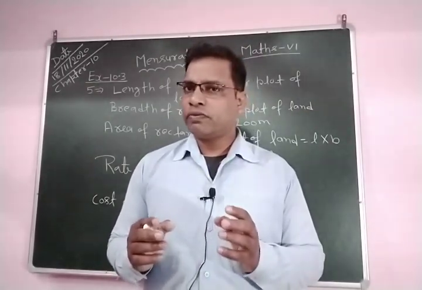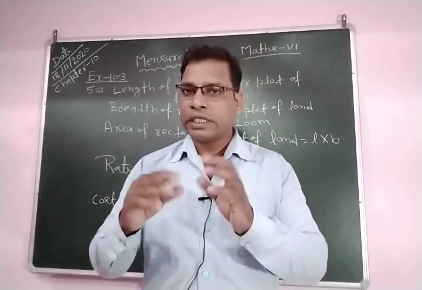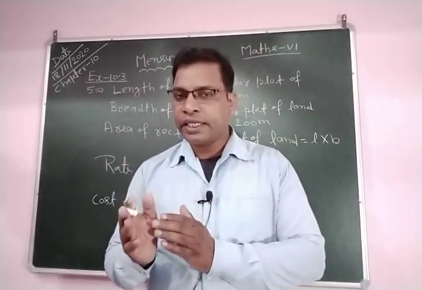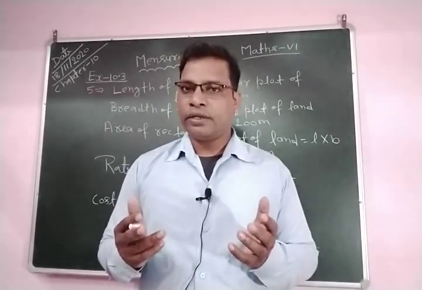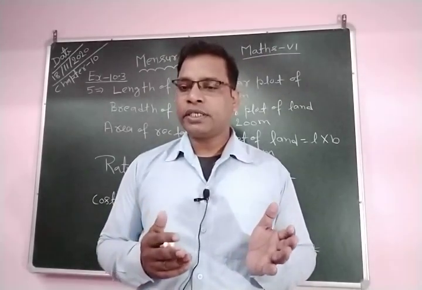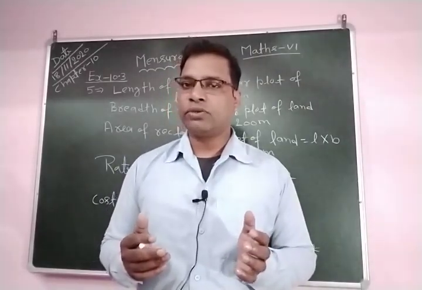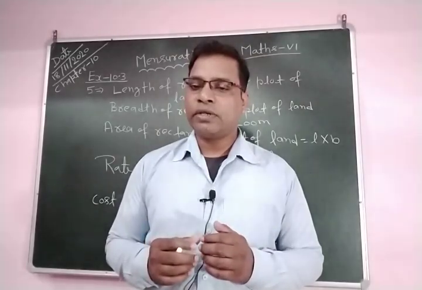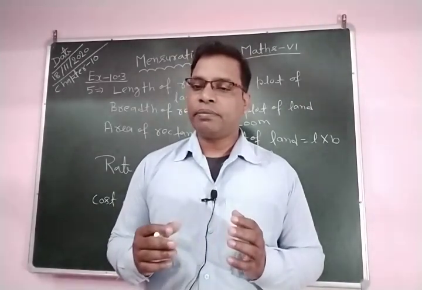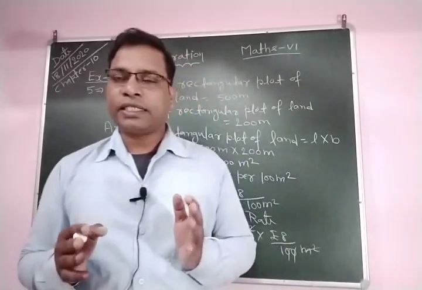So think, what is the shape of the tabletop? Because its length and breadth are both different. Length is 2 meters and the breadth is 1 meter 50 centimeters. So obviously you can say this is a rectangular shape. The tabletop is a rectangular shape, so we need to find its area.